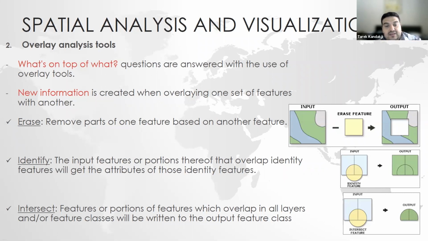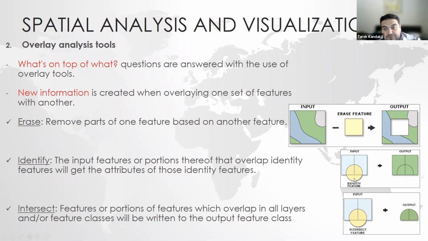Let's say about population in a certain city. Now you want to add roads that are inside that highly populated city, and you have the roads for all the countries.